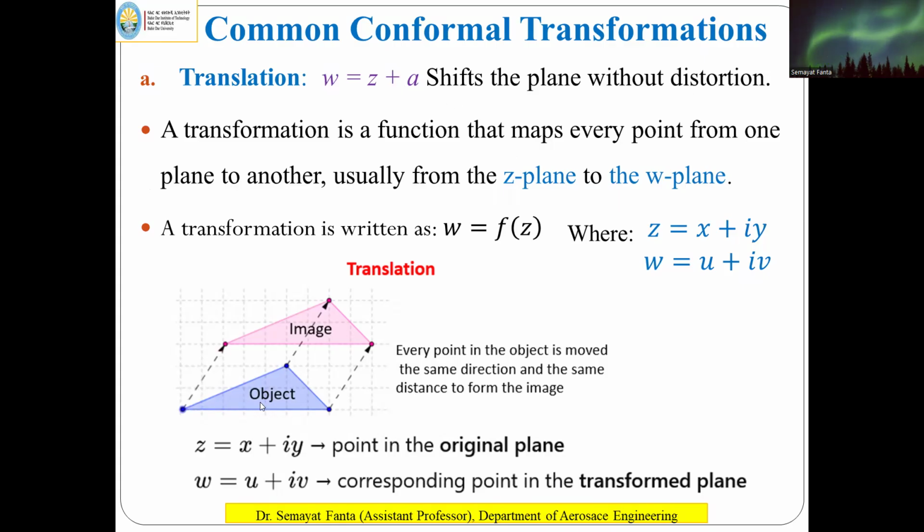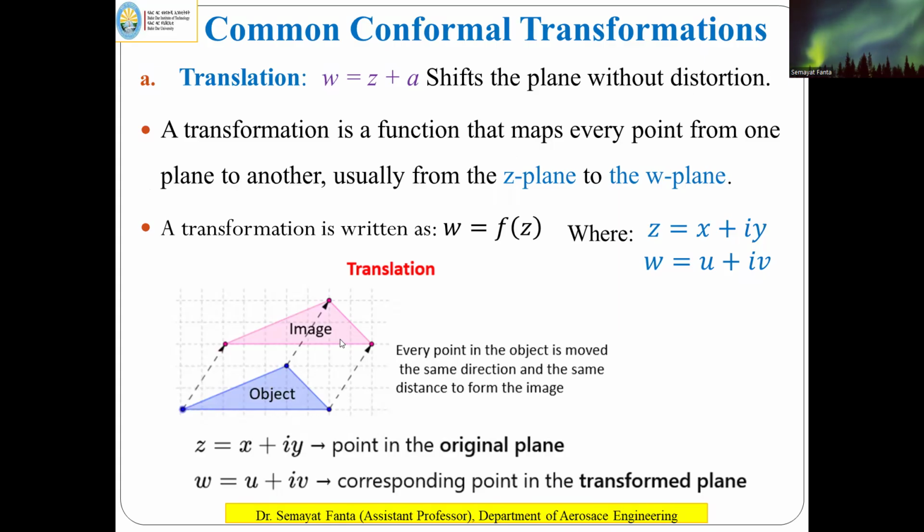For example, the initial object in green is transformed to an image in magenta. The amount it translated is A. So it shifted the shape without any distortion. We can see the shape is the same, and the image shape is also the same.